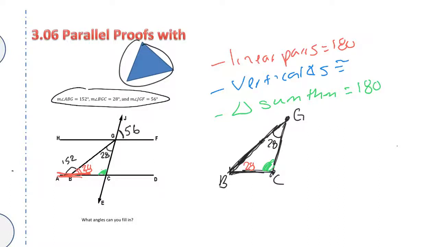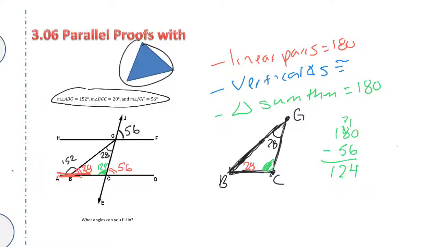And I know triangles have a sum of 180. So it's 180 minus 28 plus 28, which is 56, so that's 124 degrees. And then the angle right next to that one would make a linear pair with 124. So that's 56, because 56 plus 124 is 180.